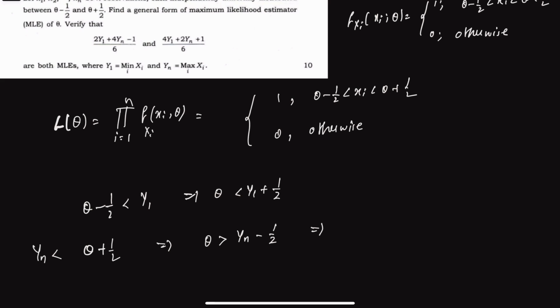So the MLE should be inside yn minus 0.5 to y1 plus 0.5. Therefore, theta hat, the maximum likelihood estimator, would be any value between yn minus half and y1 plus half.